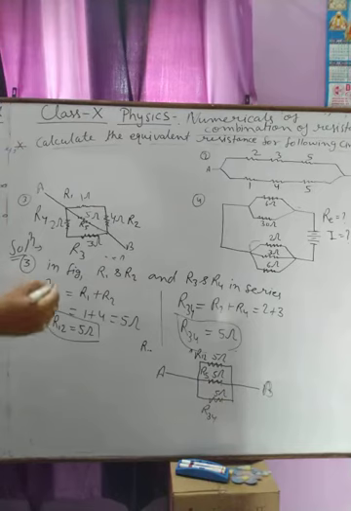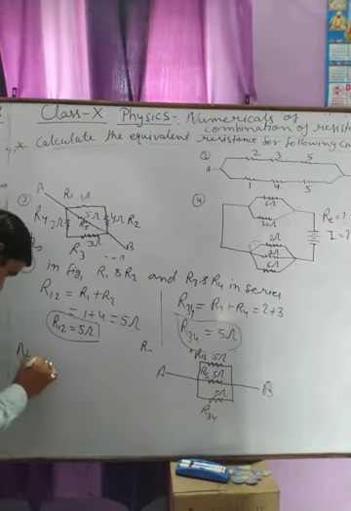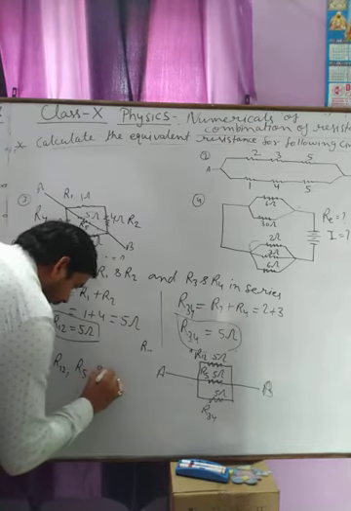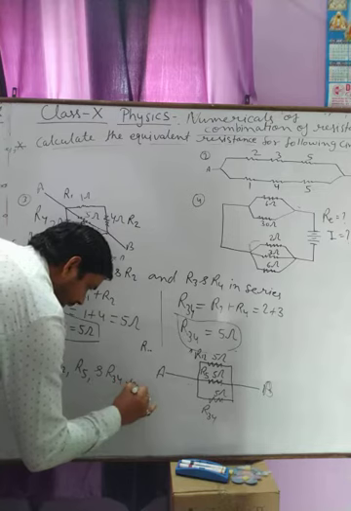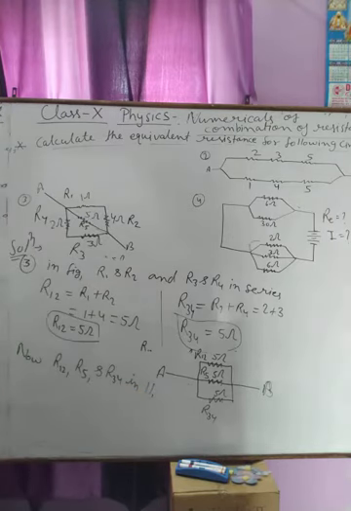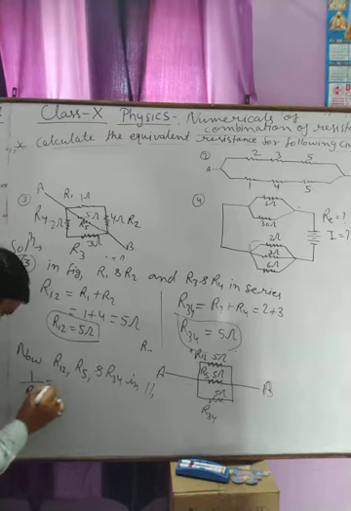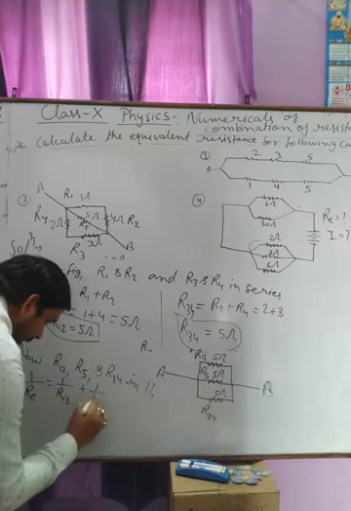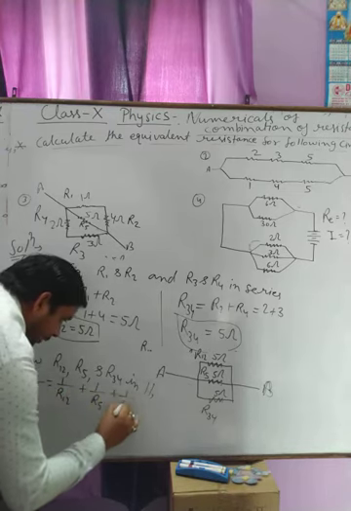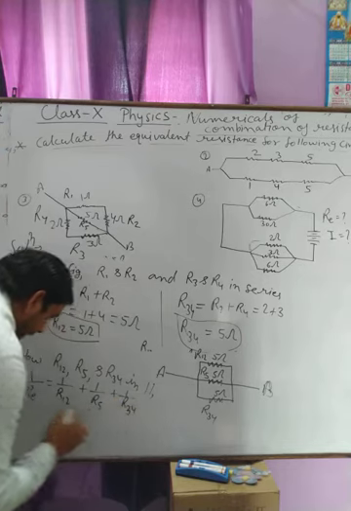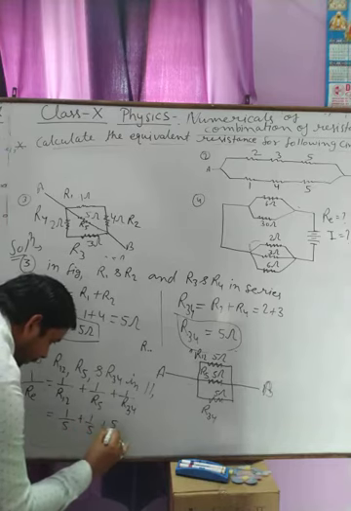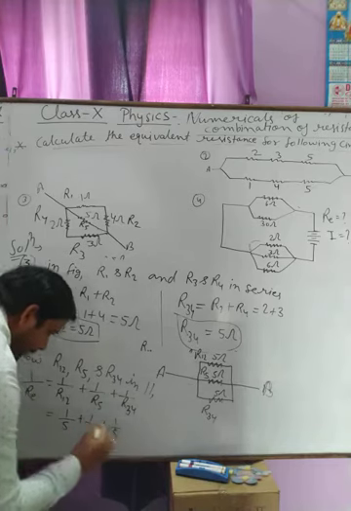Okay, now R12, R5, and R34 are in parallel. Therefore, 1 upon R equivalent, that is R_E, is 1 upon R12, 1 upon R5 plus 1 upon R34, that is 1 upon 5, 1 upon 5, 1 upon 5.